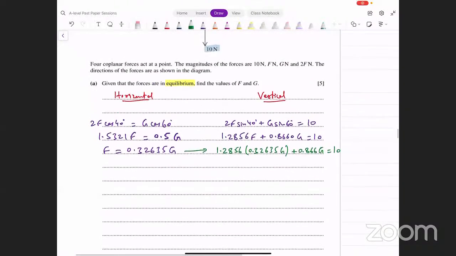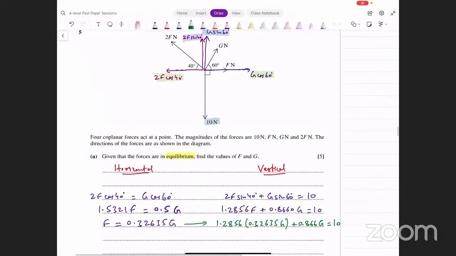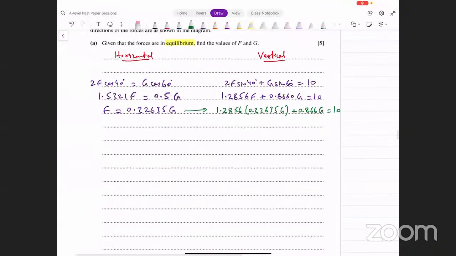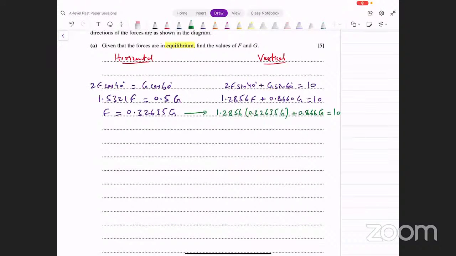Can somebody spot any error here? F, G, 2F. That's okay. G sin 10. Okay, this looks fine until this point. You just do the calculation again, because I think I'm not getting the right result.